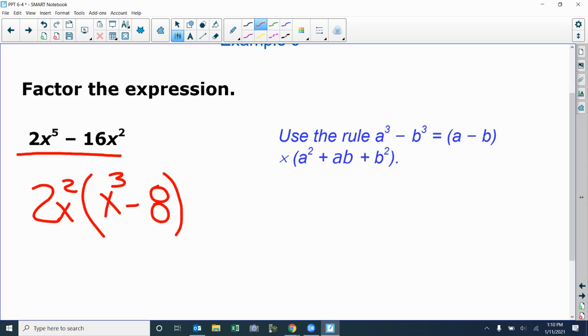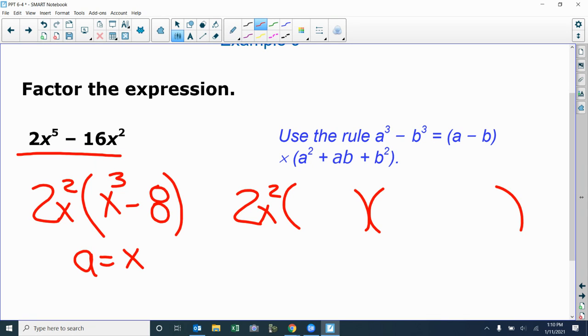All right. Gotta have that 2x squared still out front. Now we're looking to plug in our A and B. What is our A? I do think it helps to write it out. So my A is x, isn't it? The perfect cube of x. My B is the perfect cube of 8, which we've done already, and that is 2.